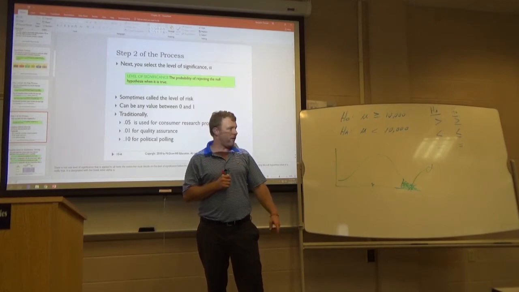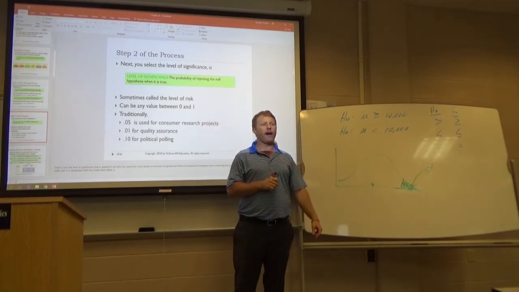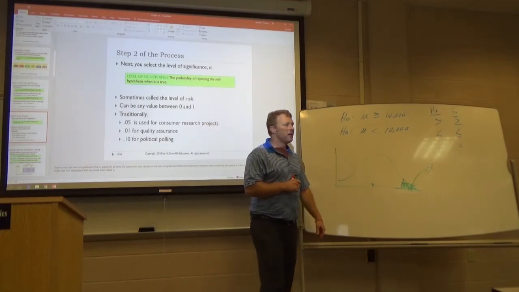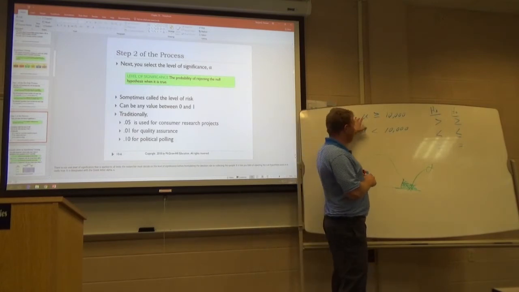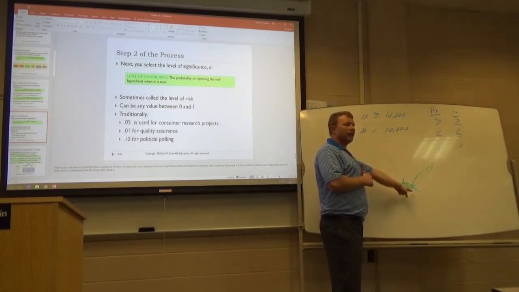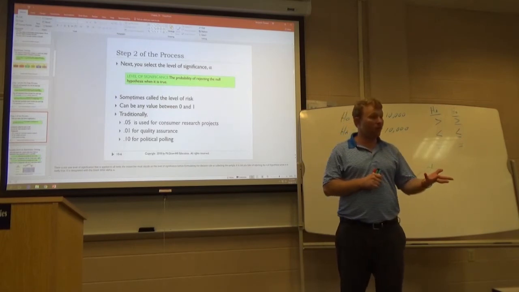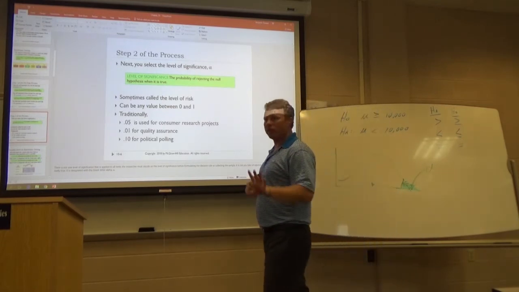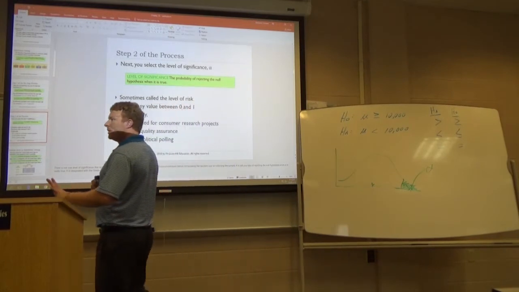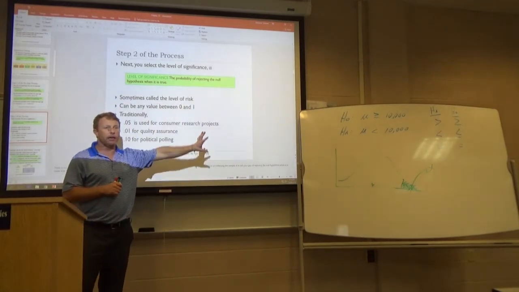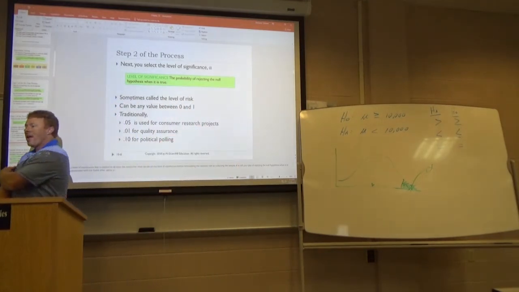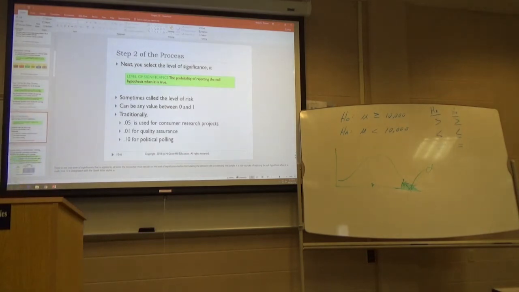In fact, if alpha is 0.05, what are the odds of it landing over here? 5%, 0.05, right? So there's a very low percentage that it'll land in the shaded area if the null is correct. However, 5% of the time it will do that.